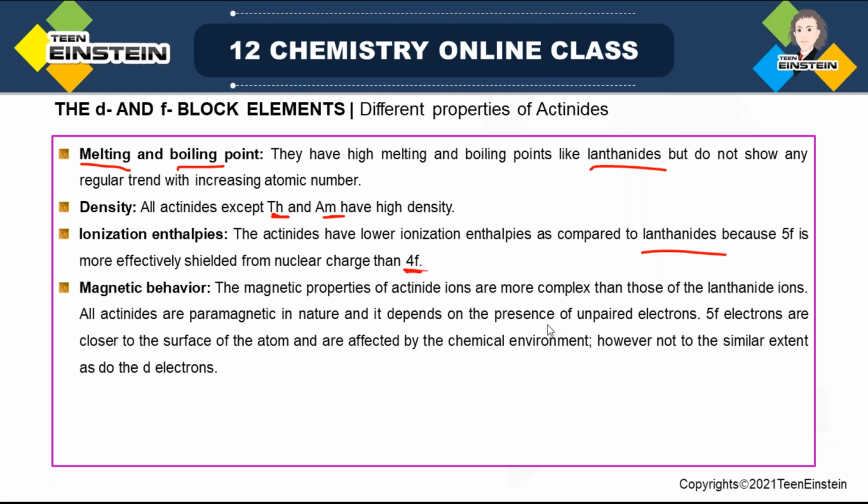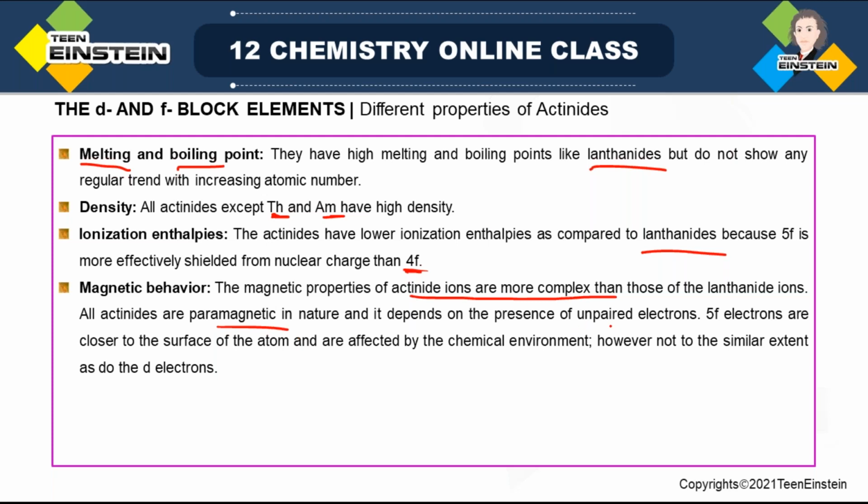Magnetic behavior. The magnetic properties of actinide ions, if we compare with lanthanide ions, they are much more complex. Fine, but all the actinides are paramagnetic in nature, because there is always presence of some unpaired electrons. Even just presence of one unpaired electron is enough to be paramagnetic, but unpaired electrons must be present.